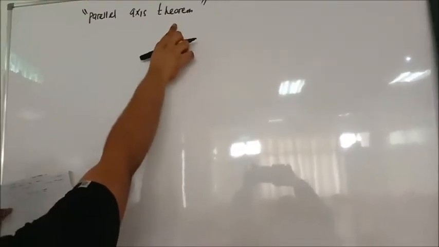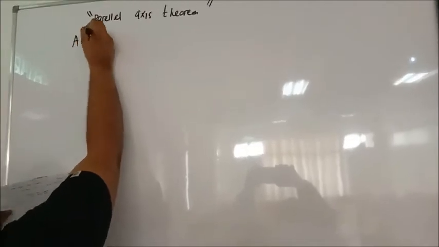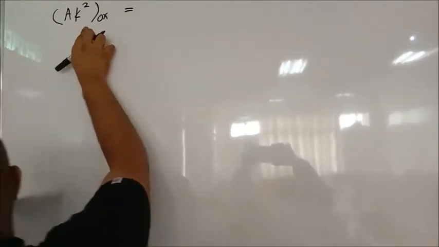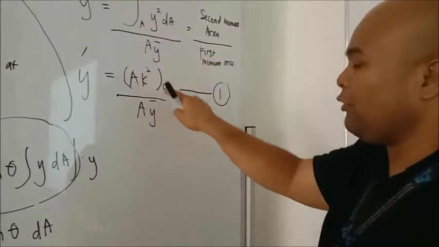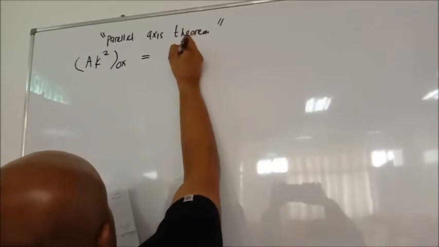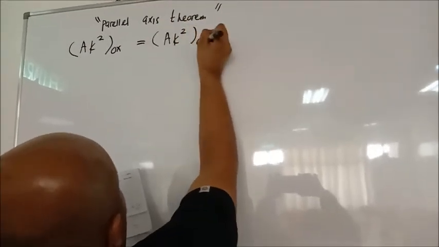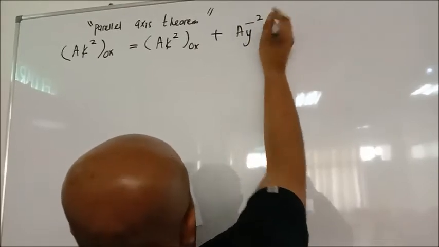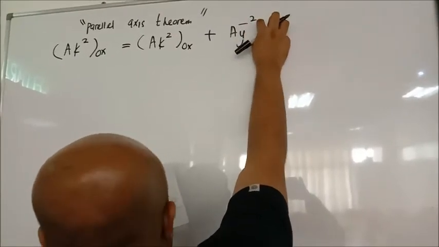Okay, we found that from the parallel axis theorem, A k squared Ox is equal to A k squared CC plus A y bar squared.